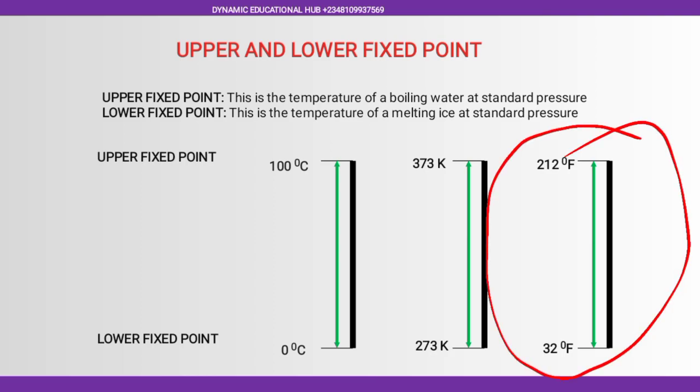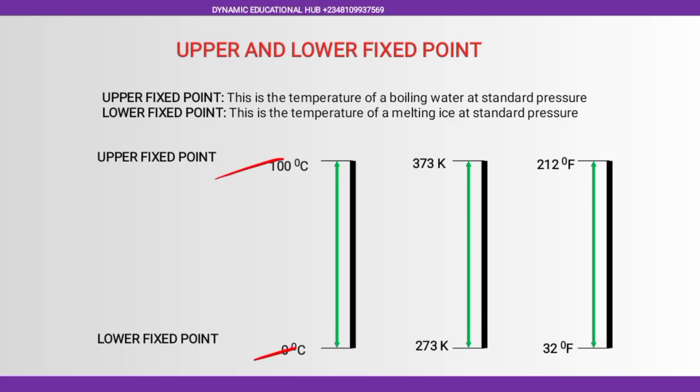We all know this: 100 degrees Celsius for the upper fixed point of water, and the lower fixed point is 0 degrees Celsius. For Kelvin, 373 Kelvin for the upper fixed point and 273 for the lower fixed point. And Fahrenheit, you have 212 degrees Fahrenheit for upper, and lower you have 32 degrees Fahrenheit.